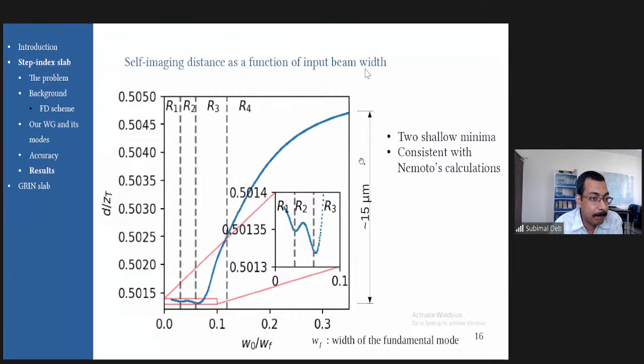So if one has to use step index slabs and use the self-imaging point as a point for interconnecting the next element, one has to be careful up to about 15 micrometers, so that a very good interfacing takes place between the slab waveguide and the next optical element.